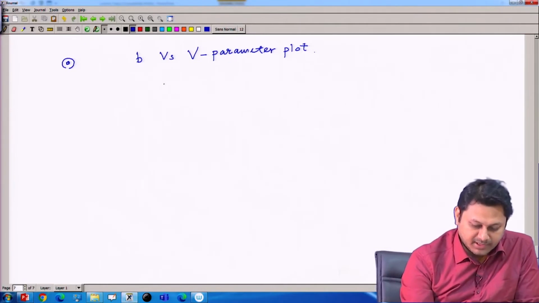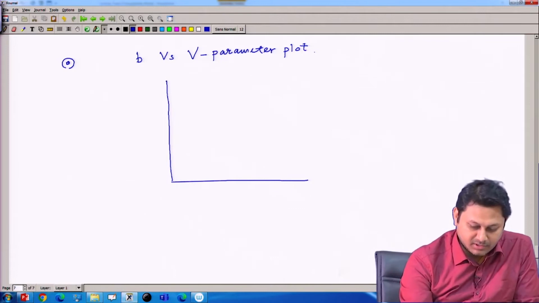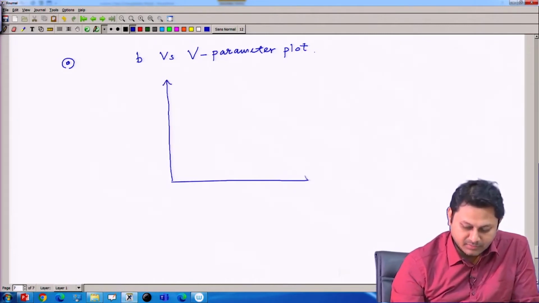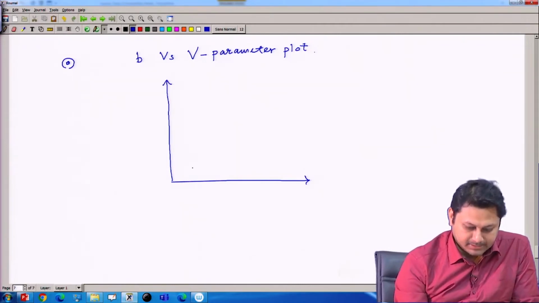So, let me draw once again this transcendental equation that we have been drawing for the last few classes.